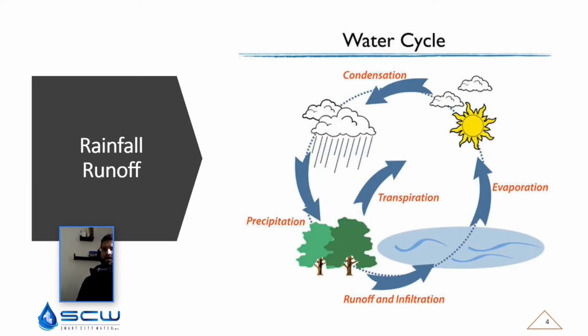So when we're talking about rainfall runoff, we're technically focusing on the water cycle. We have the precipitation, and at the very beginning, we're going to have some infiltration if we have some pervious area. If we don't have any pervious area and it's all impervious area like an urban watershed, like roofs and asphalt or concrete, we're going to have runoff right away.